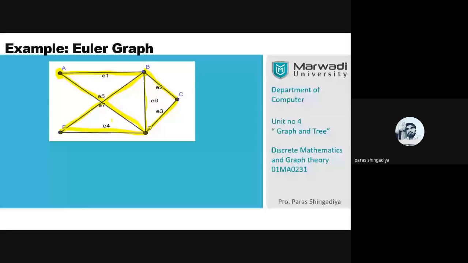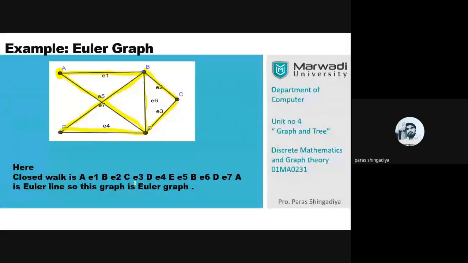So here the closed walk is A, E1, B, E2, C, E3, D, E4, E, E5, B, E6, D, E7, A. Clear? So that is an Euler line, and this graph is known as an Euler graph.